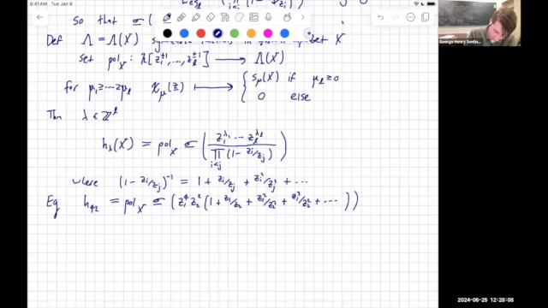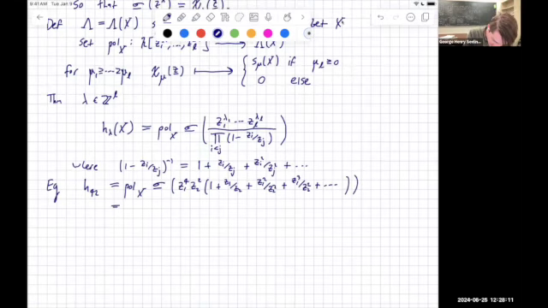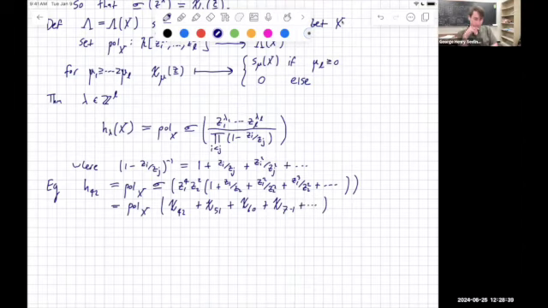When I symmetrize this, each of these things gives me a bunch of GL_L characters. So chi_{4,2} plus chi_{5,1} plus chi_{6,0}, chi of (7,-1), and so on.